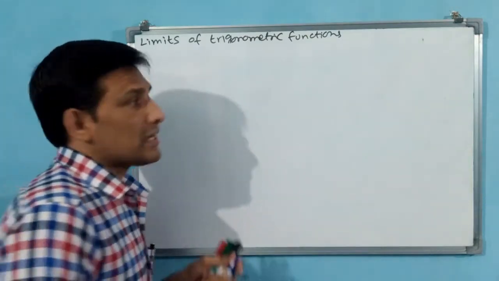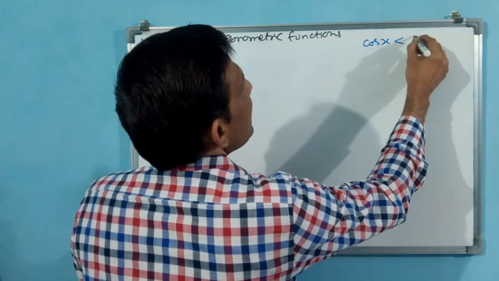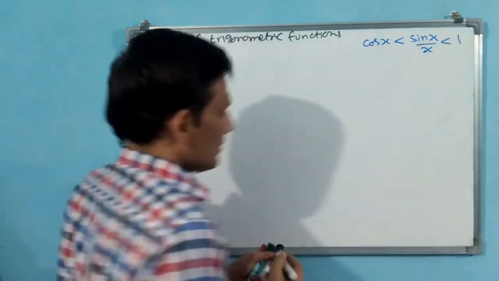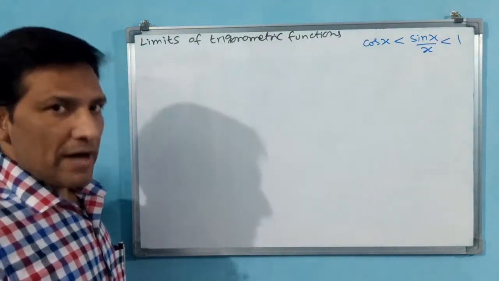But before that, once again I will write here the sandwich theorem. What is the sandwich theorem? The sandwich theorem is like this: cos x is less than sin x by x, which is less than 1. Okay, this is the sandwich theorem. Now you see what I am writing.